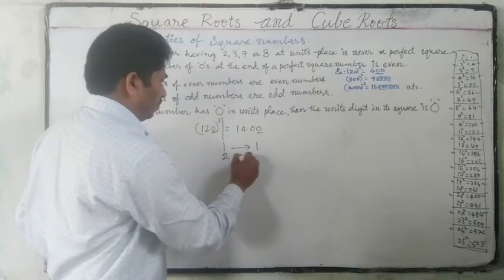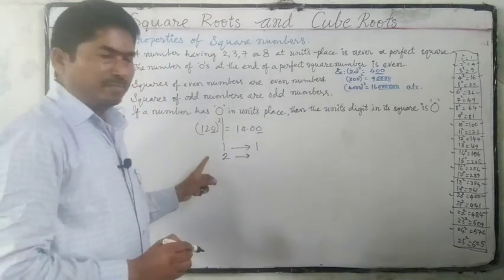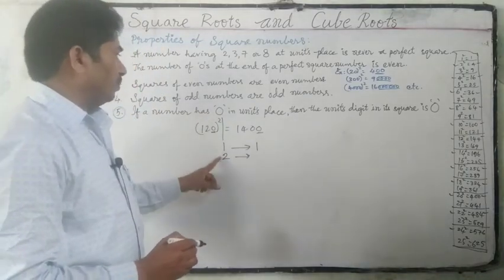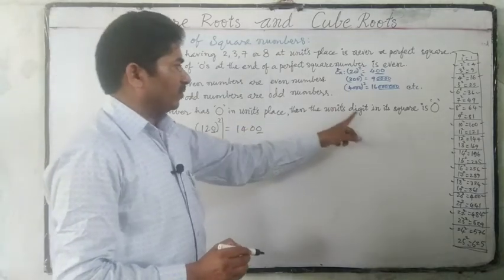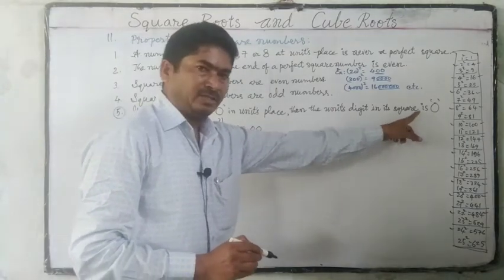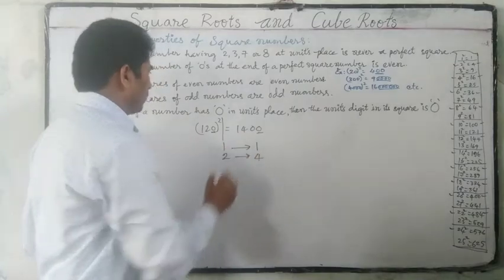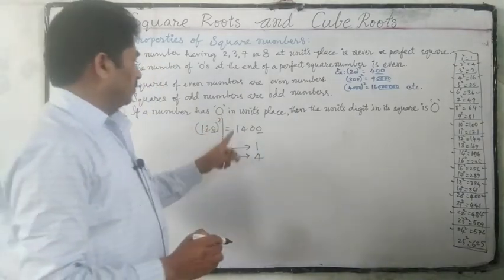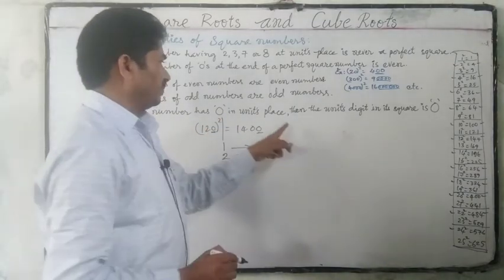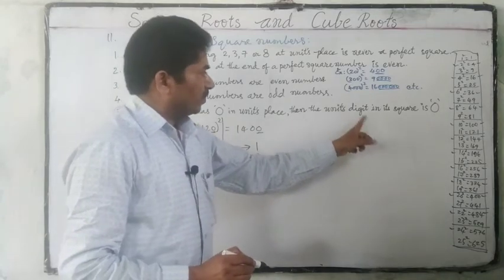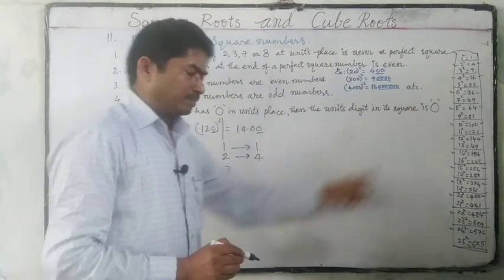If a number has 2 in units place, then the units digit in its square is 4. If a number has 3 in units place, then the units digit in its square is 9.